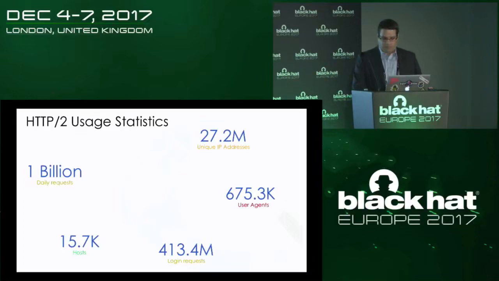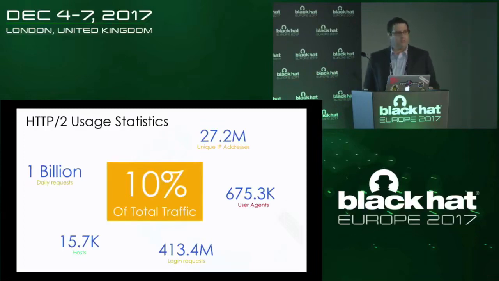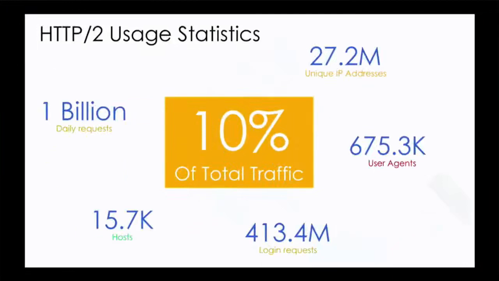That's a lot of numbers. Overall, you can say that 10% of the entire traffic going on the platform is on H2, and you should keep that in mind and correlate it with the numbers of 17% adoption rate that is published in various sites.